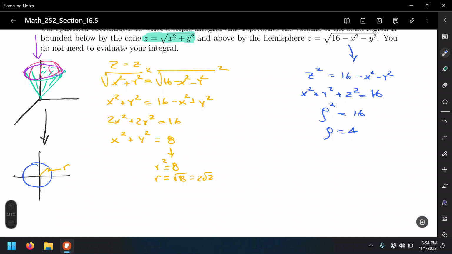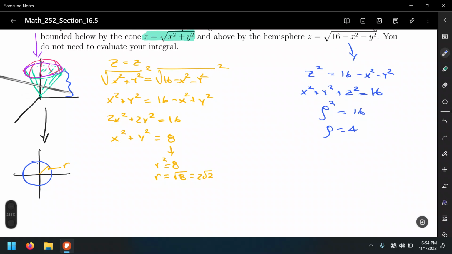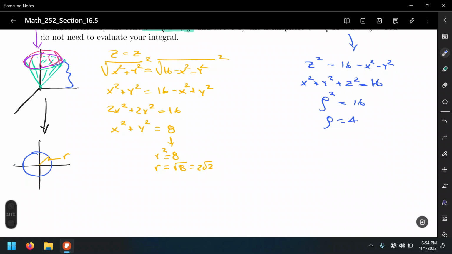So we already have some of the limits for the triple integral for rho in particular. Let's see, this is what's going on at the boundary. What's the height exactly at the boundary? Well, that's actually the intersection between the two surfaces. z equals the square root of 8.